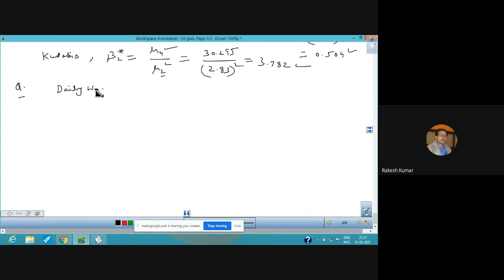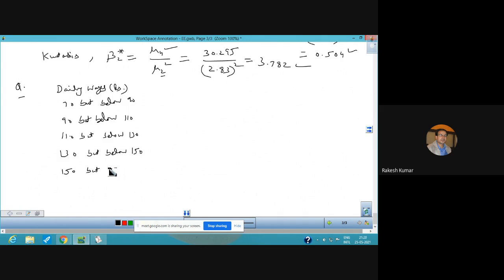We have daily wages in rupees and the wages are 70 but below 90, 90 but below 110, 110 but below 130, 130 but below 150, and 150 but below 170.